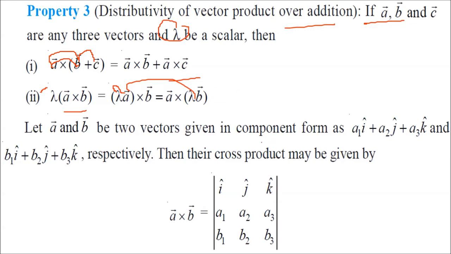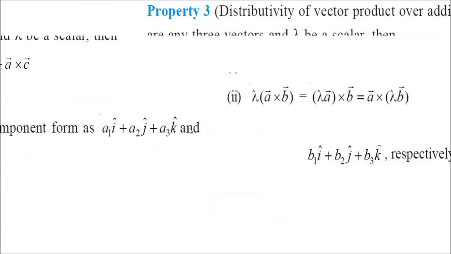Essentially, in the component form, if you write a as a1i plus a2j plus a3k, then b will be b1i plus b2j plus b3k. So the cross product will be a cross b. ijk will be here, this is the component vector a, and this is the component vector b.